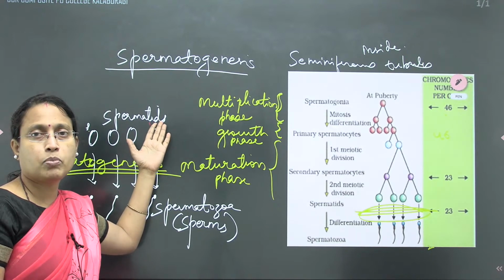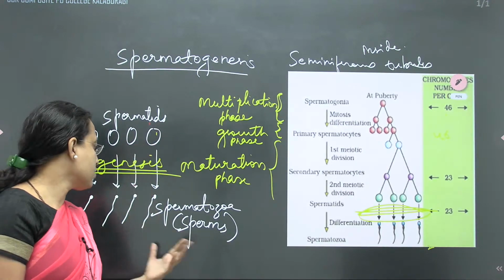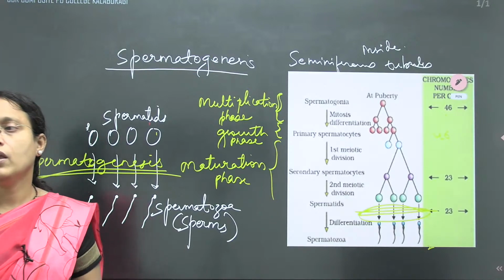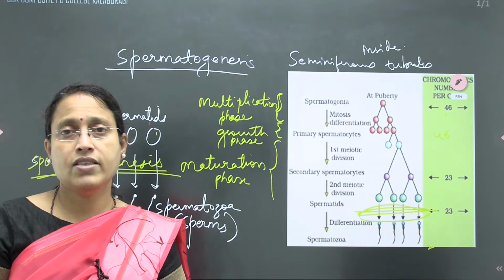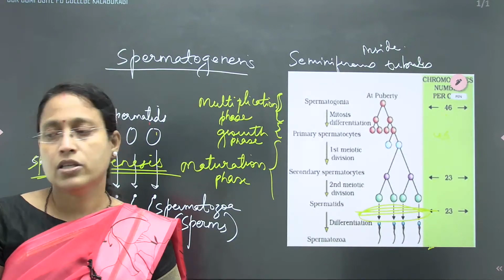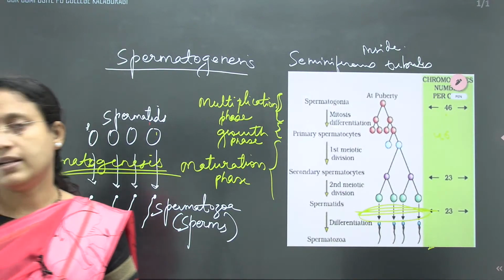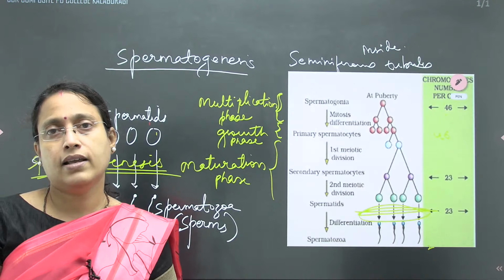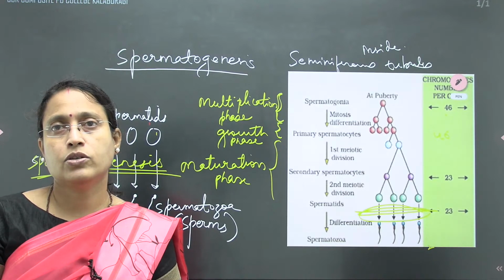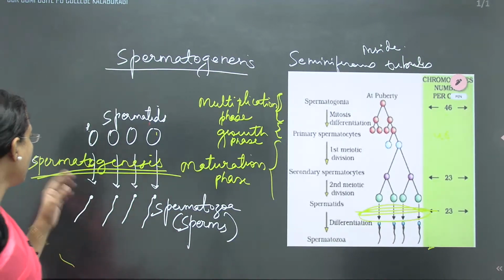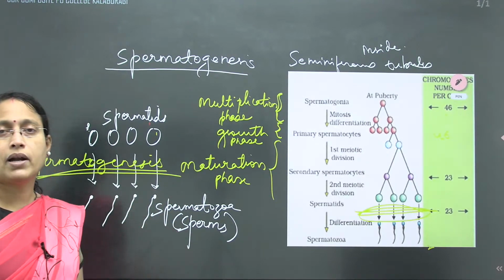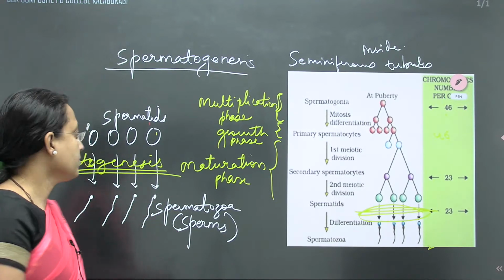So basically, spermatid is non-motile, but the sperm is going to be motile. Now, how this differentiation occurs is due to spermatogenesis.